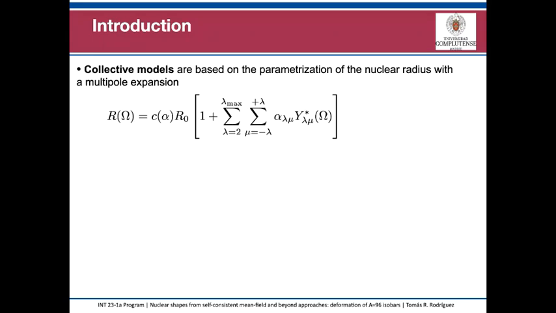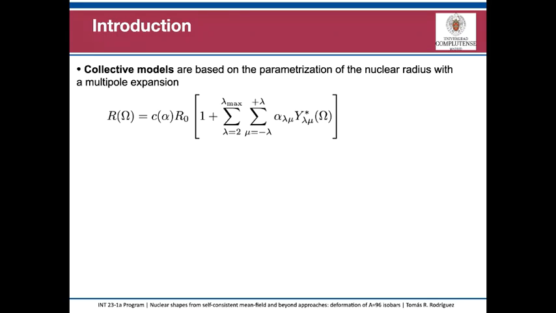For example, the dipole vibration does not exist except as a whole, because it is like a center of mass movement, and this is not giving you any excitation energy, except if the dipole is protons against the neutrons, and then you can get some excitation energy out of it. But the first term would be the quadrupole term, and so on. This is the way we parameterize the nucleus as a macroscopic object. So we don't distinguish protons or neutrons. Our degrees of freedom is just a given macroscopic object with this radius.